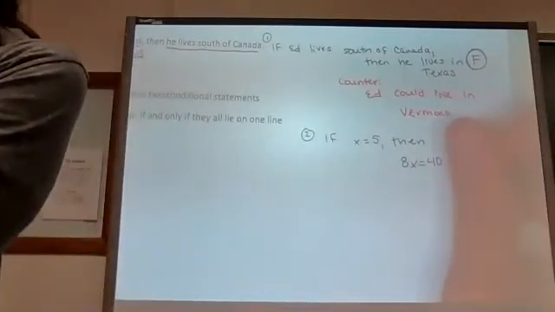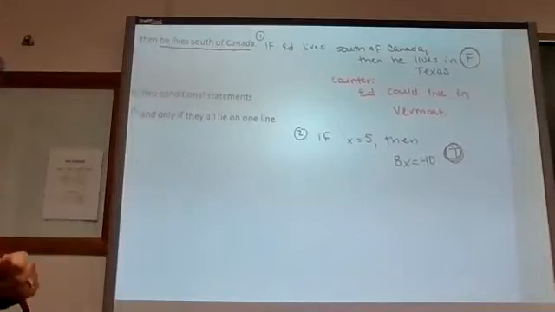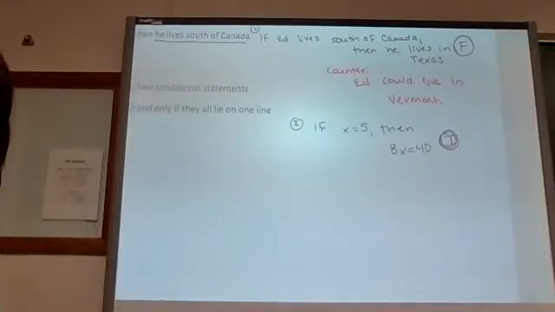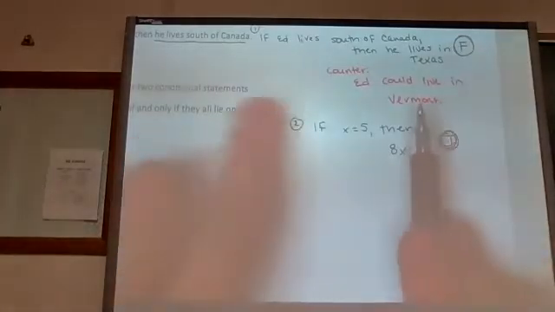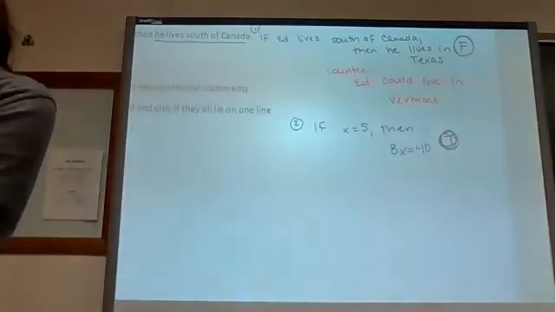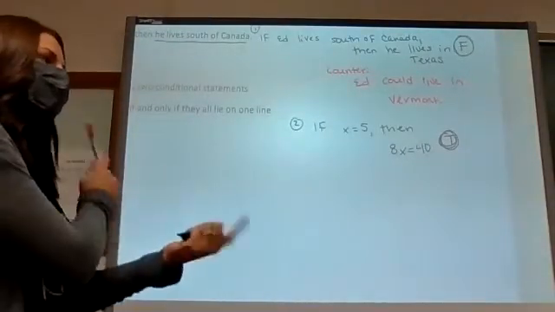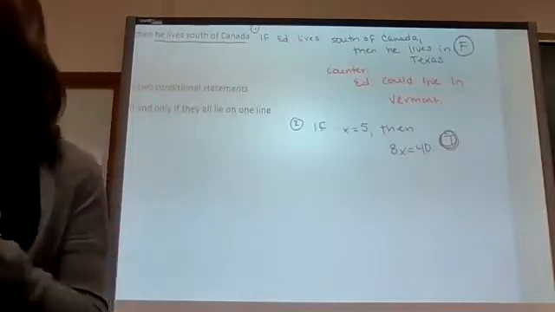That's true. So if it's true, we want to write a biconditional. What are the special words that we include for a biconditional? If and only if. So now I'm going to drop the if and the then. And it doesn't matter, like I could go from the original statement in terms of the order of things, or I can go from the second statement in terms of how I'm writing it.